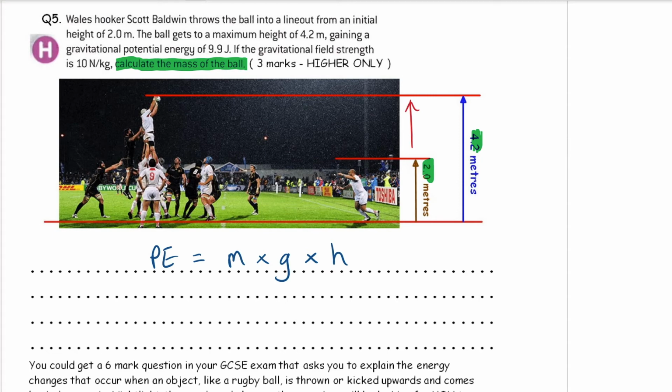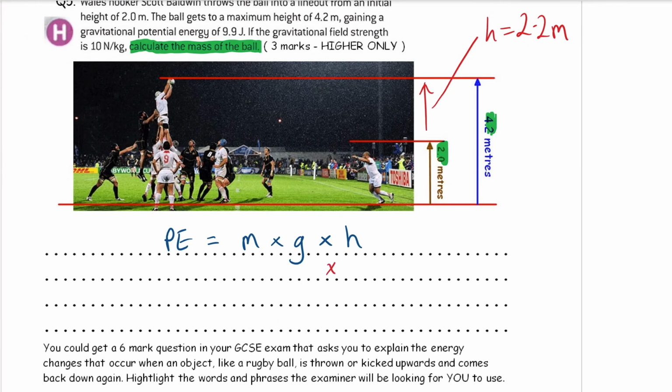So the height h there is 2.2 meters. The gravitational field strength is given here. Again, we're on the planet Earth, so it's going to be 10. And we are being asked to work out the mass of the ball. We're also told that the gravitational potential energy gained is 9.9. So we put 9.9 there.